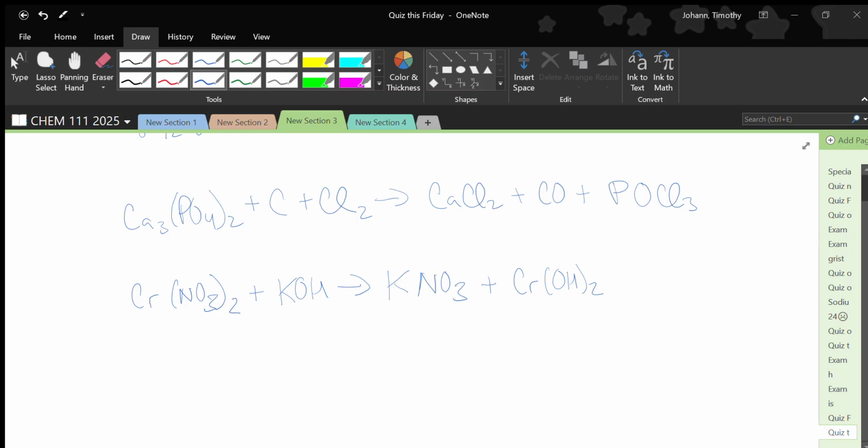But let's go ahead and do our balancing process. So what's something that's on each side of the equation only once? Chromium, right? Okay. So what I can do is I'm going to put a 1 in front of this chromium and a 1 in front of that chromium. There's 1 chromium here, right? And 1 chromium there. I'm just going to put the 1s in and I'll rewrite it when I'm done.